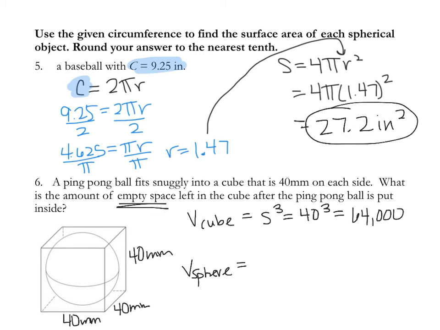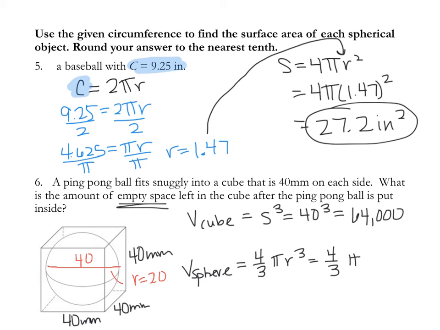And then to find the volume of the sphere, we're using the new formula from today, 4/3 pi r cubed. But I need to figure out what the radius is right now. So looking at where the 40 is, the 40 would measure all the way across the ping pong ball. All the way across would be 40, which means the radius is really 20.